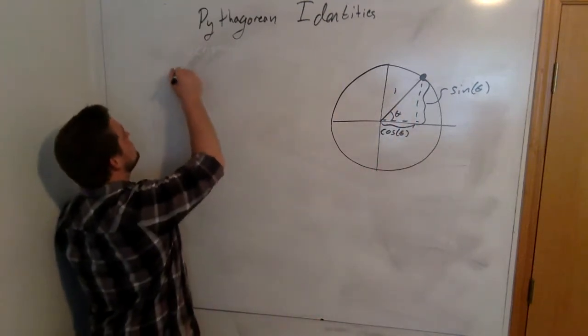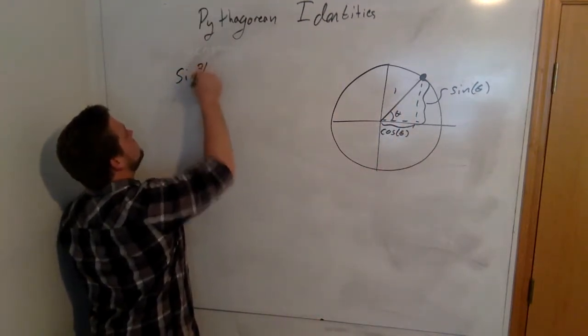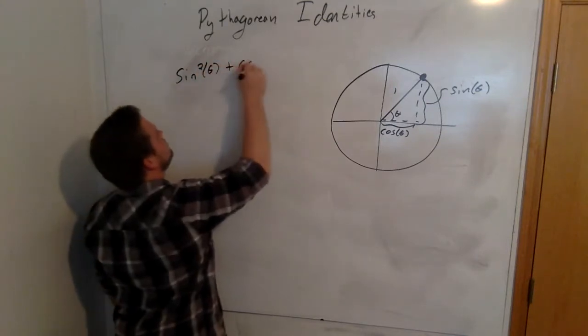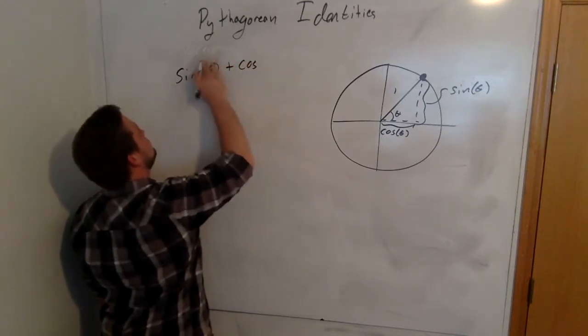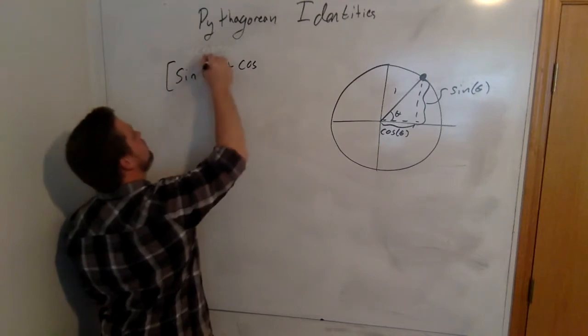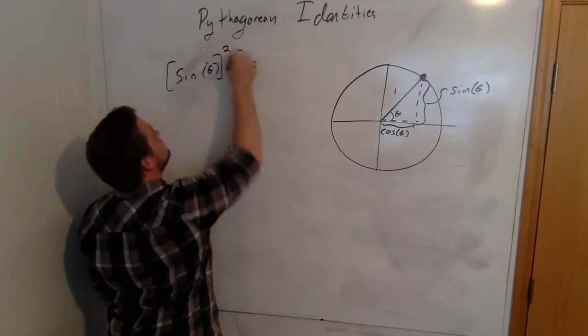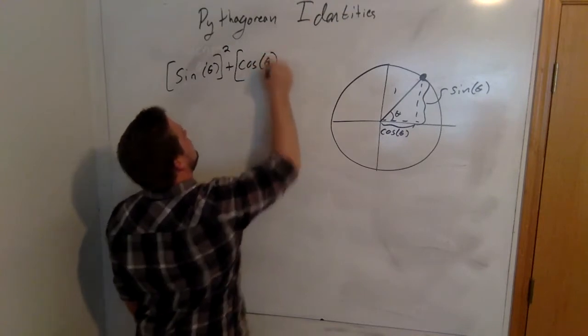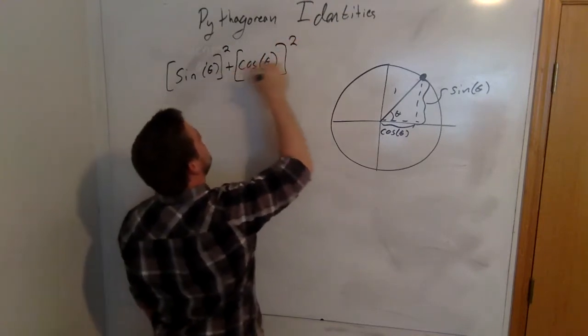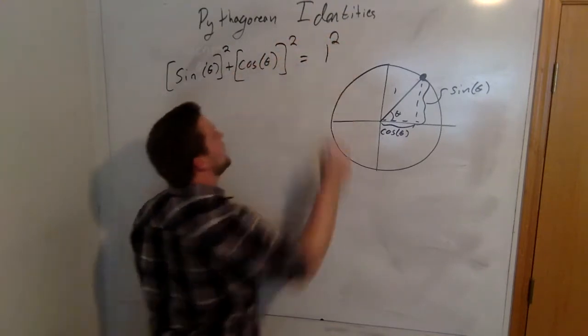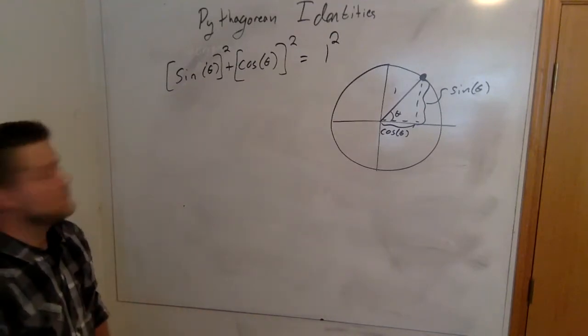So this says that sine squared plus cosine squared is equal to 1 squared. And I'm going to do this again because students always struggle with this notation. That's the Pythagorean theorem on the unit circle.